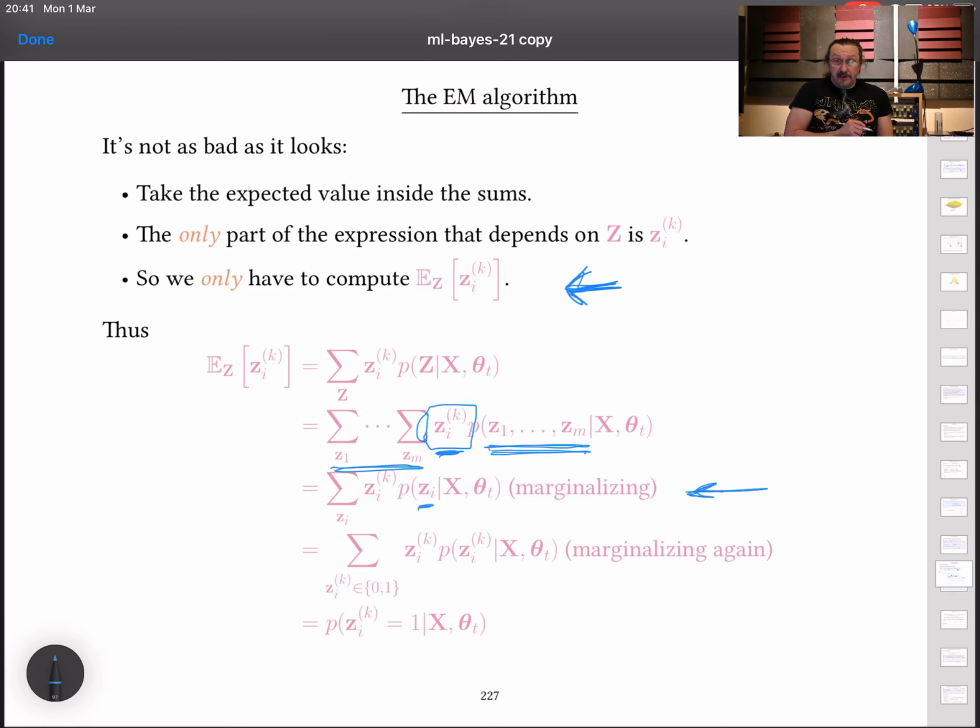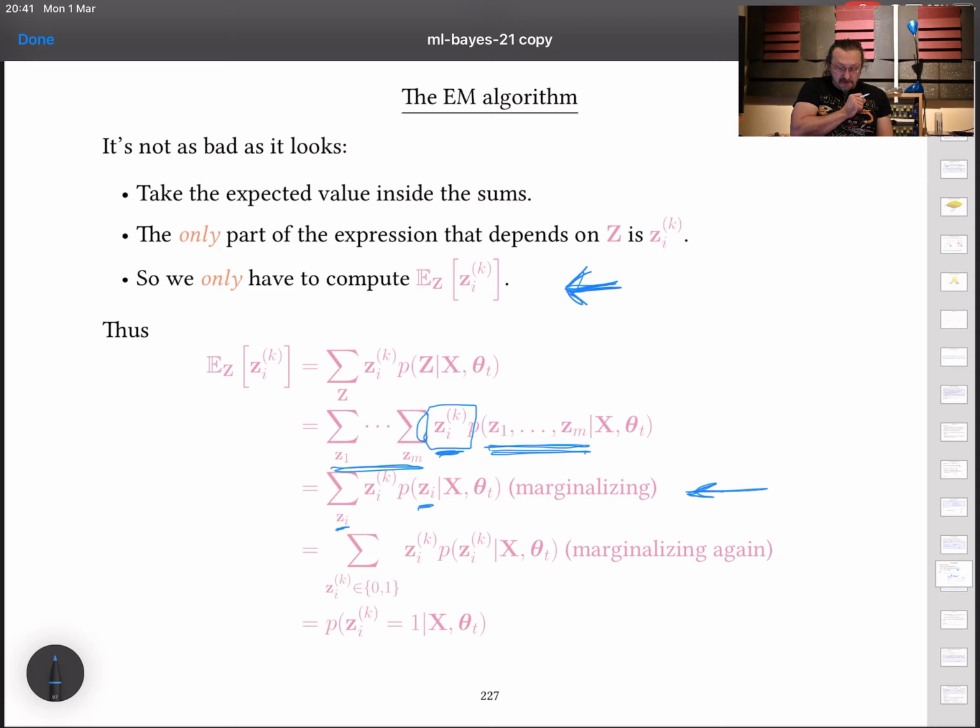And then we can marginalize again, because for the zi, this is now a sum over the k elements being set to plus or minus 1 for each element of zi, and only the kth one of those is of interest.